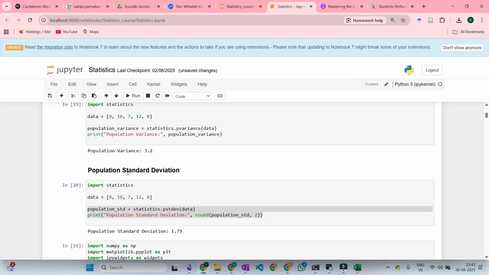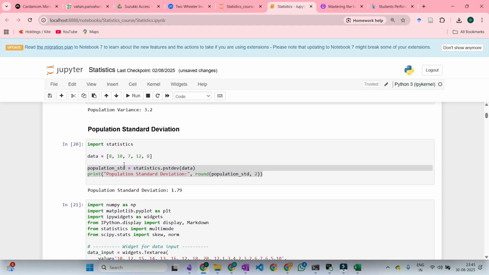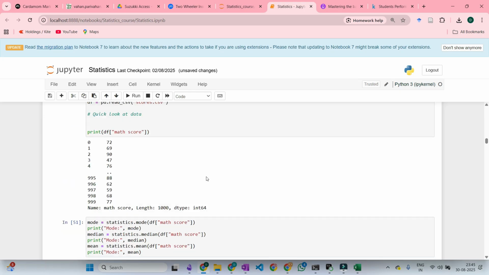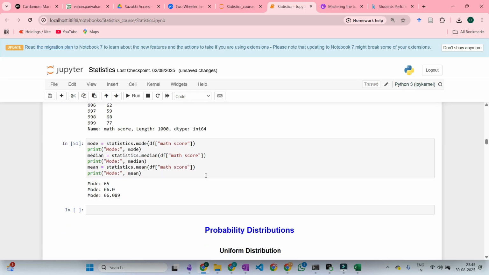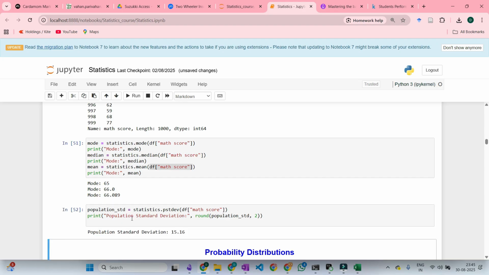For standard deviation, you can use this formula. Here the data is the math score. I need to put that here. Just try to print it. So the population standard deviation is 15.16. You can also find the sample standard deviation.